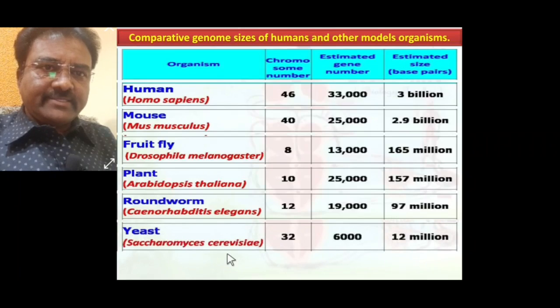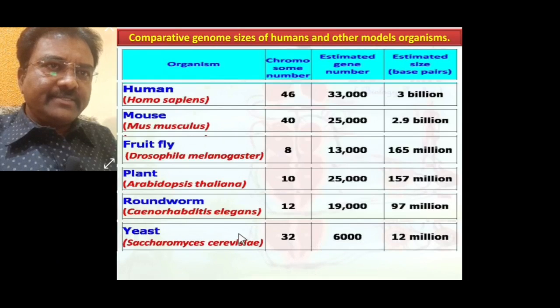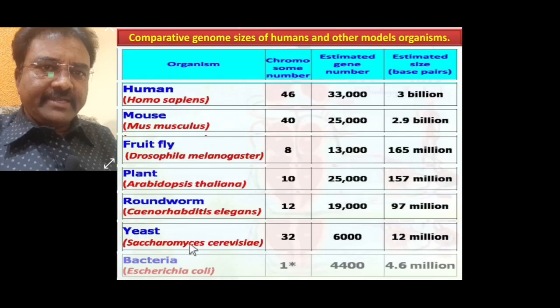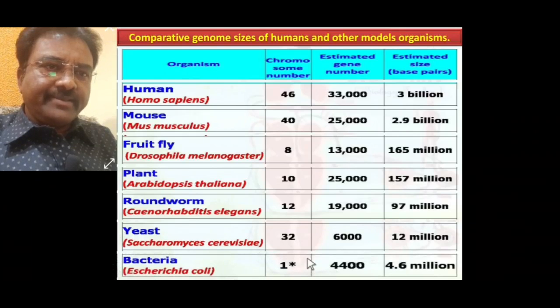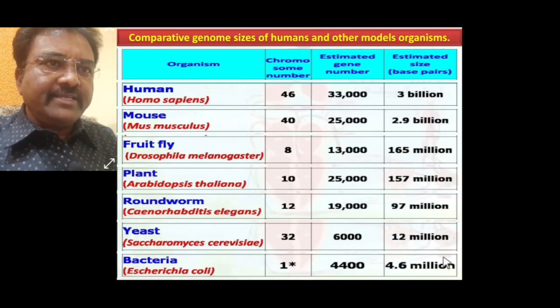Yeast, Saccharomyces cerevisiae: 32 diploid chromosomes, estimated gene number 6,000, estimated base pairs 12 million. Last, bacteria Escherichia coli: chromosome number 1, 4,400 estimated genes, 4.6 million estimated base pairs.